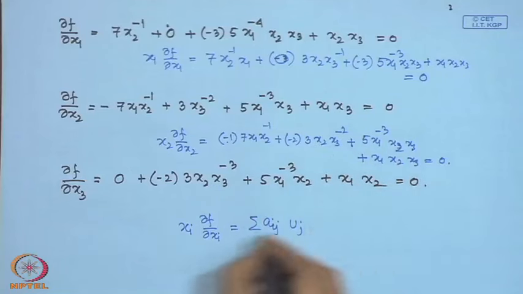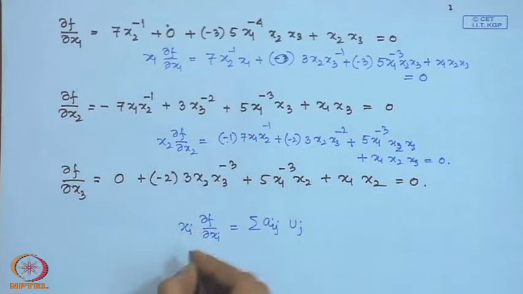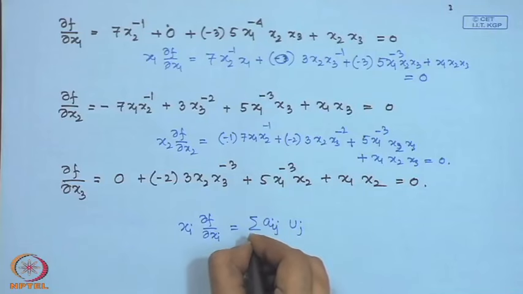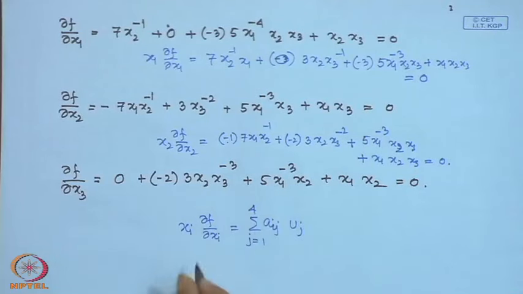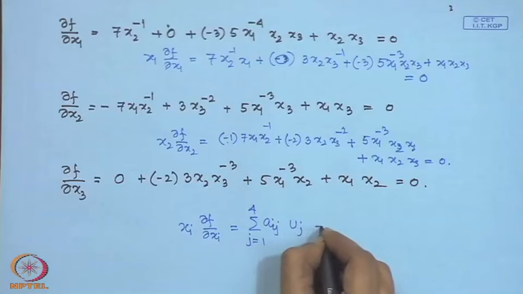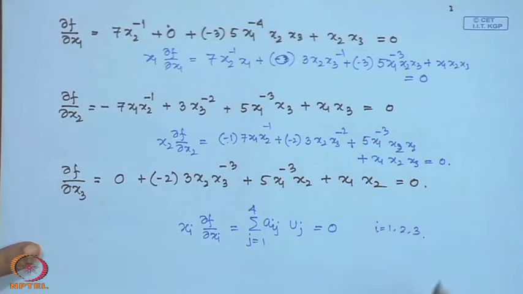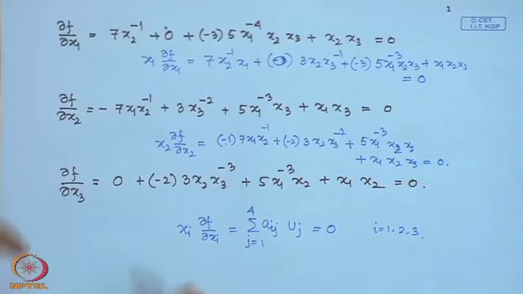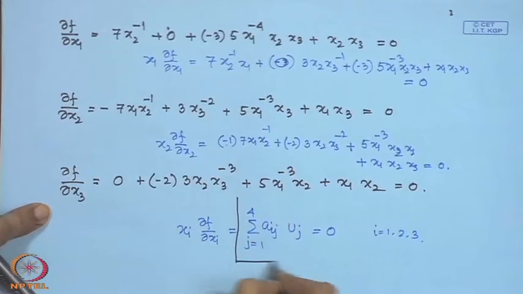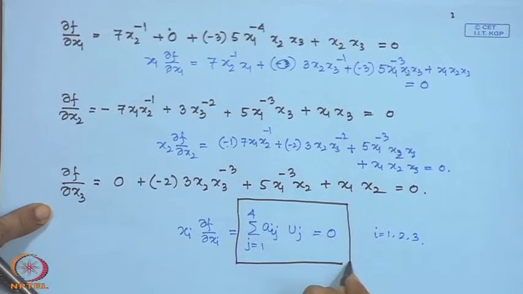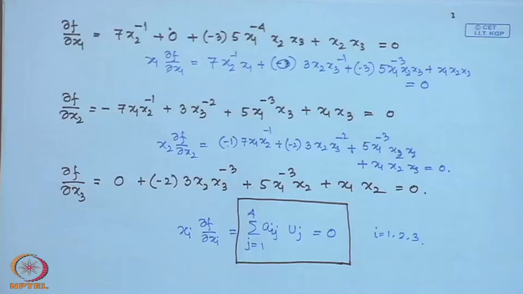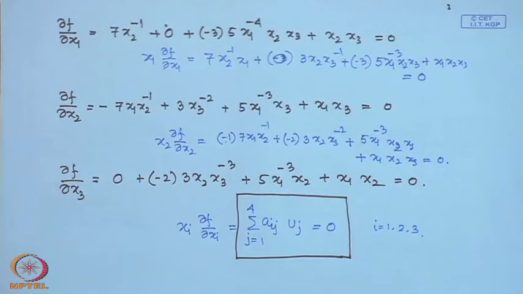For individual functions we can summarize it as summation over j equal to 1 to 4 of a ij u j, for i equal to 1, 2, 3, and this equation is very important for solving our geometric programming problem, because from here we will get one set of equations, and from there we will get the optimal solution. Just remember this equation, I am going to the next.